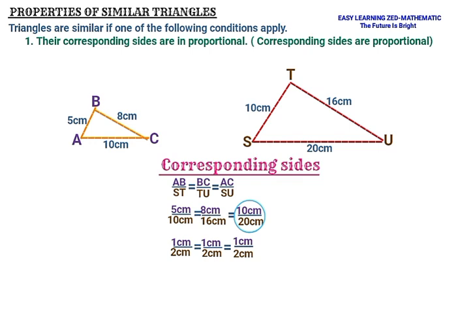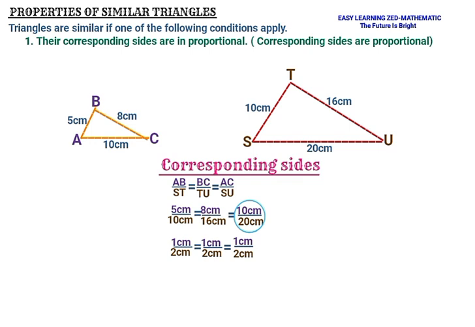Therefore, we can say these two triangles are similar because their sides are proportional. When you reduce them to their lowest ratio, they will give you the same ratio, and that means these triangles are similar.